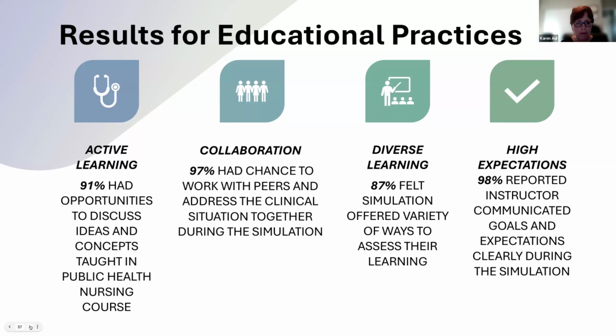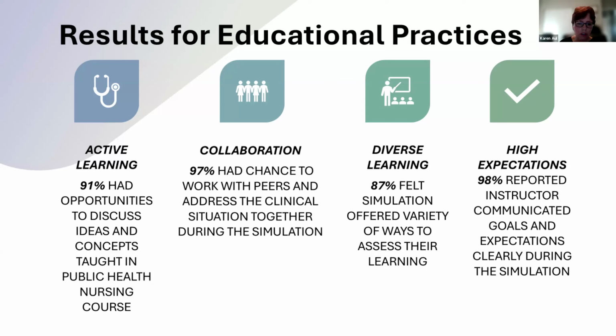For collaboration, it was a little higher. 97% of students felt they had the chance to work with peers and address the clinical situation together during the simulation. Also, I want to add, as far as collaboration, we had EMS, emergency medical services personnel, also as part of the simulation. So there was collaboration with them.